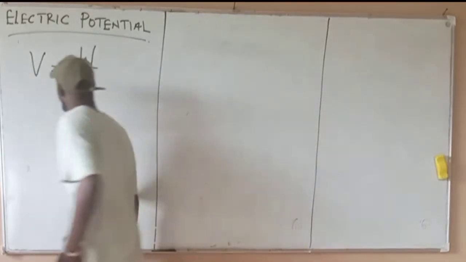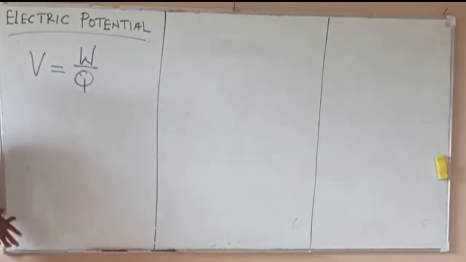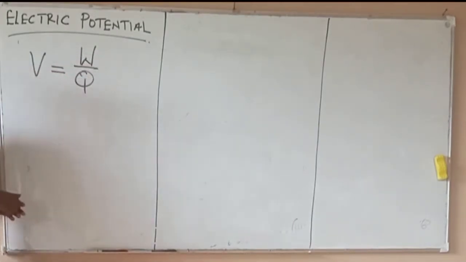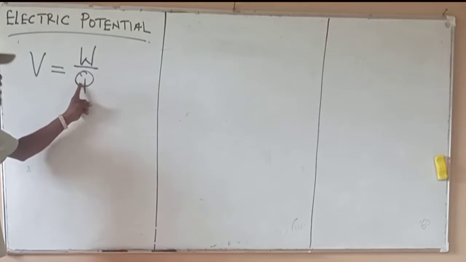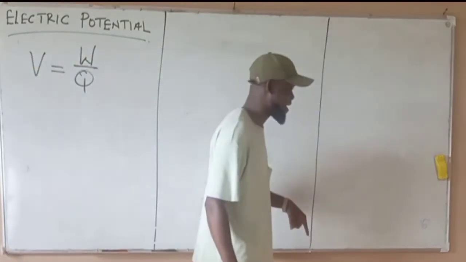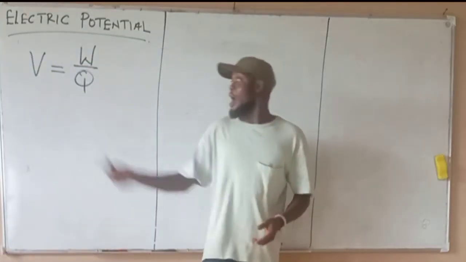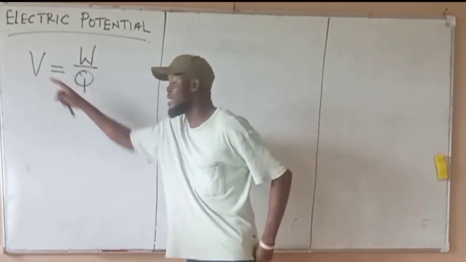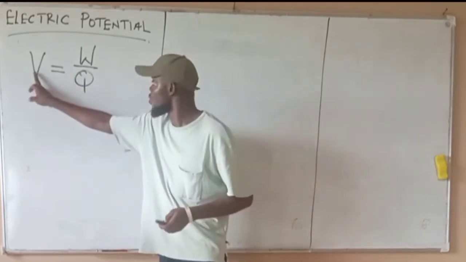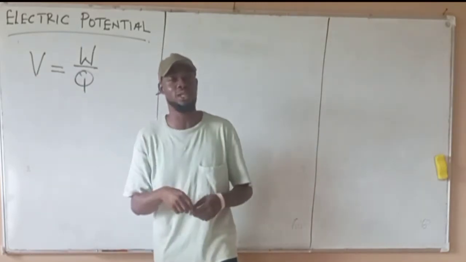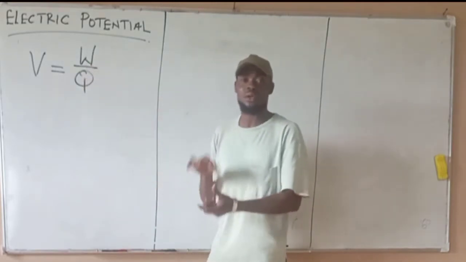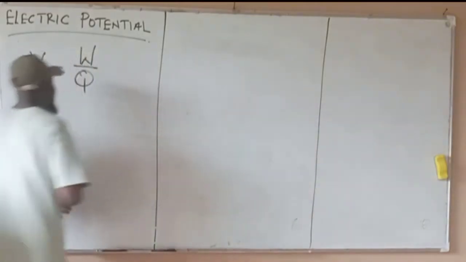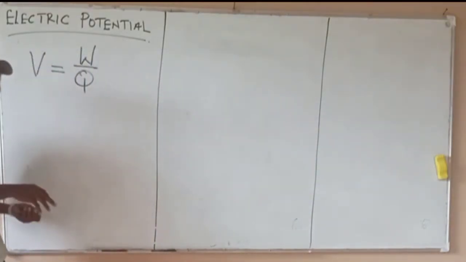V denotes electric potential, so V is equal to W over Q. This is the work done when you move this charge from one point to another in the electric field. Where V is electric potential, W is work done, and Q is electric charge.